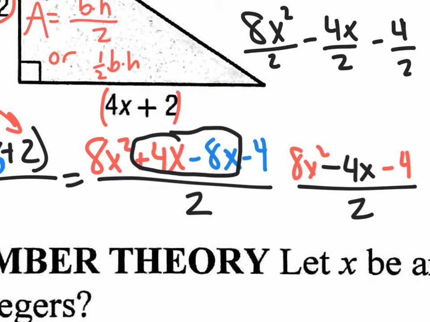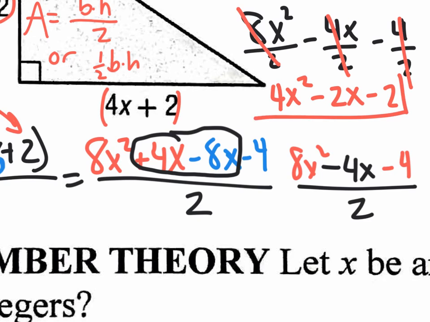If you split up the denominator, you'll be able to reduce each and every one of those fractions. This becomes 4x squared. This becomes minus 2x. This becomes minus 2. So there's your final answer for the area of this triangle: 4x squared minus 2x minus 2.